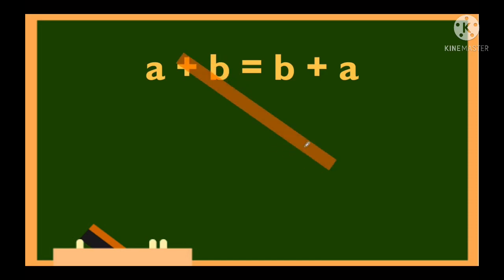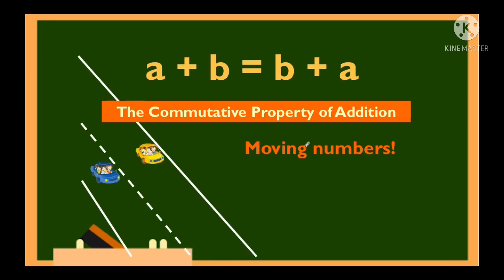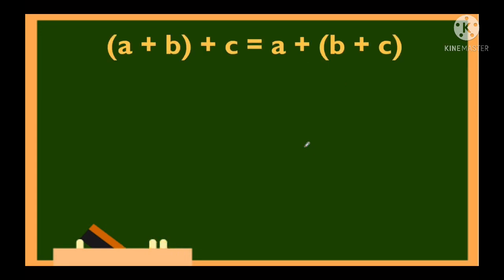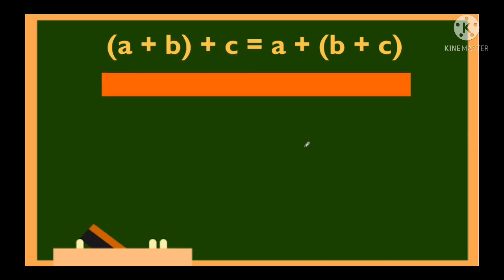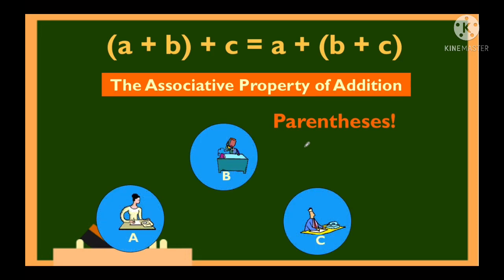Good job. It's the commutative property. Moving numbers. Just like here. Alright, change places, but still they have the same answer. How about here? Good job. This is the associative property of addition. We have the parentheses. Just like here. Very good.